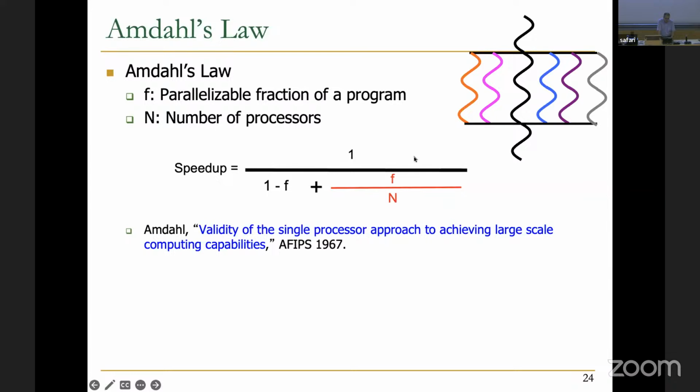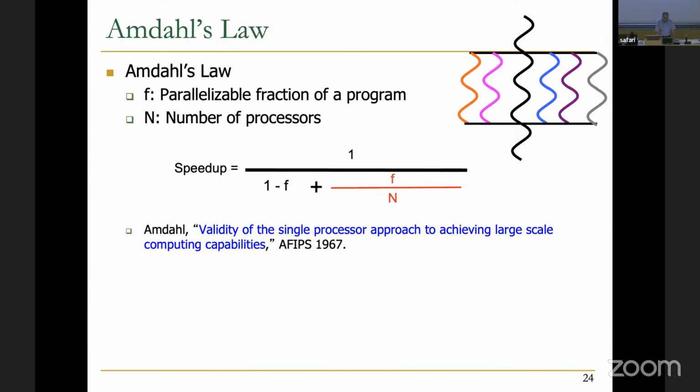Ideally, you should be able to reduce the time you spend on the parallelizable portion by a factor of n. So if you have 10 processors, ideally you should be able to reduce the time to 1/10. But unfortunately, the serial portion of your application, which is 1 minus f, cannot be accelerated. And that is a very sad phenomenon.